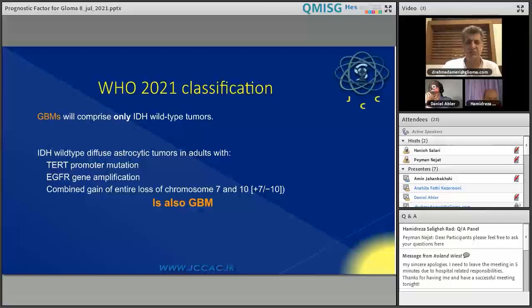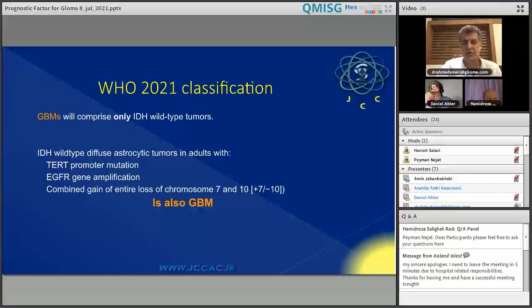The most important change in the WHO 2021 classification for our clinicians is that there are no GBMs with IDH mutant tumors. So if we detect the IDH mutation by IHC or PCR or sequencing or other tools, this is not GBM.